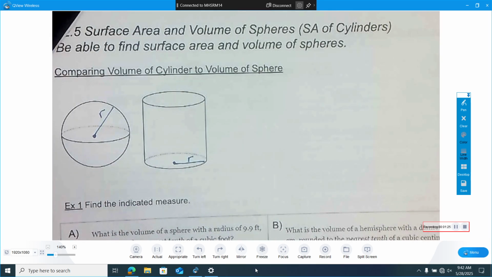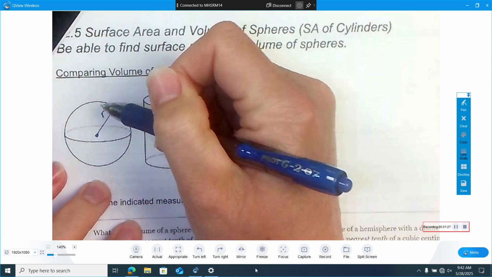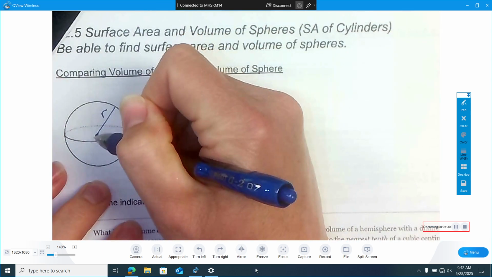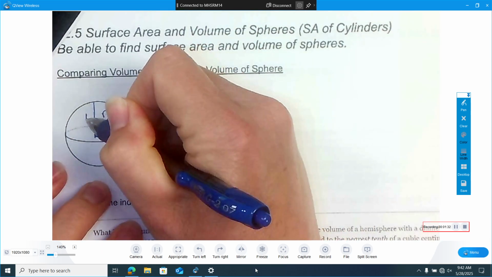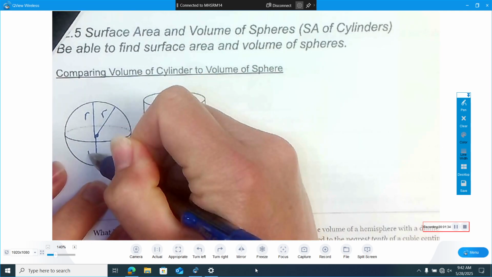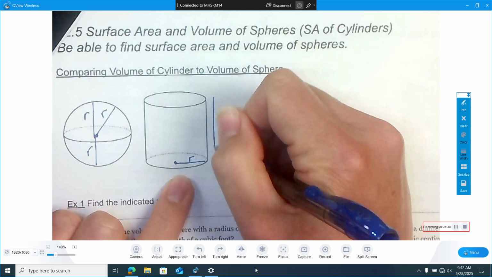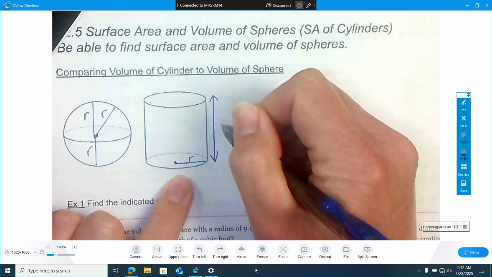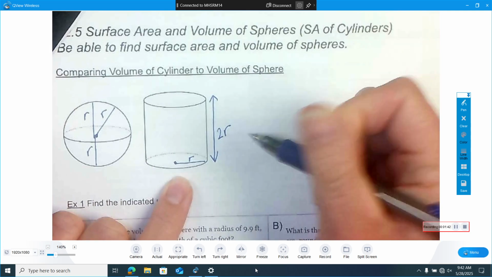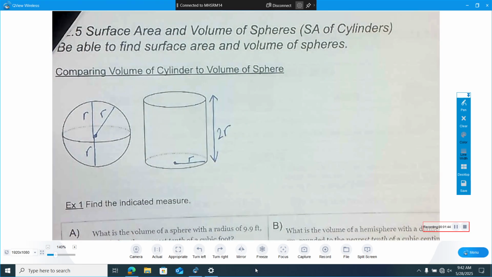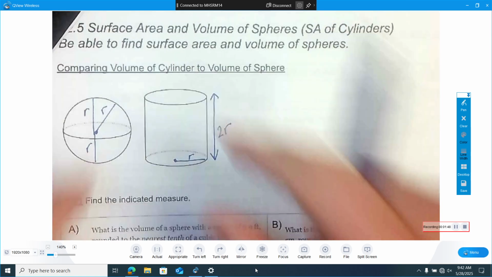The radius straight up and straight down matches the height of this cylinder, so the cylinder is 2 r's, or 2 radiuses, tall. The height of each is the same.